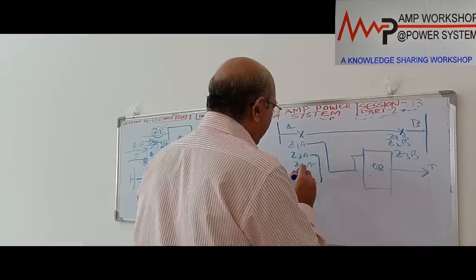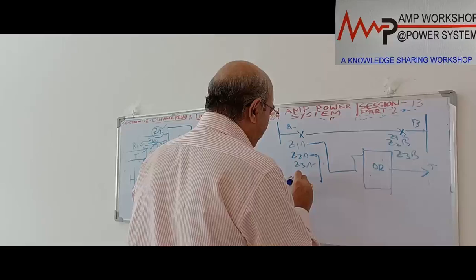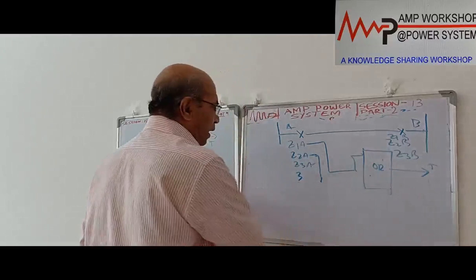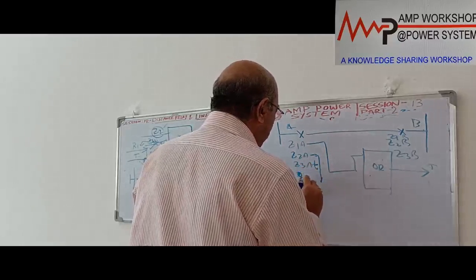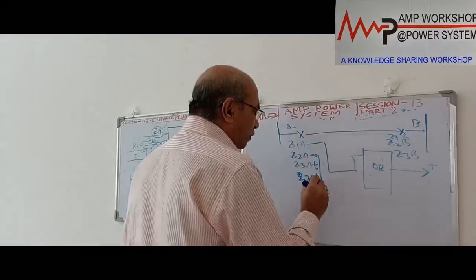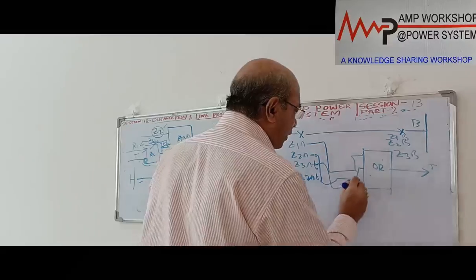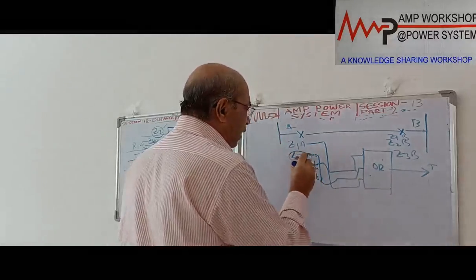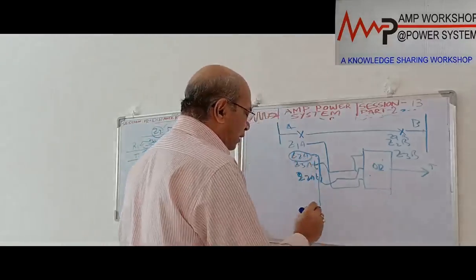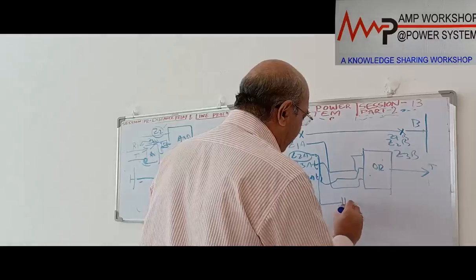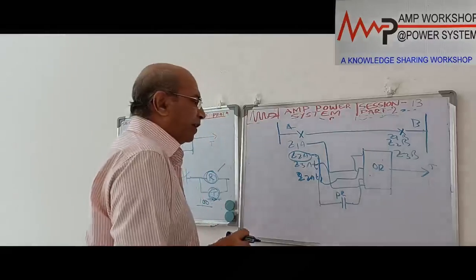Then Z2A and Z3A, you can write down Z3A T and Z2A T. So Z2T also gives the tripping command, then Z3T also gives the tripping command, and Z2A gives the tripping command on an expedited basis. How will it do that? In the permissive scheme, this will receive a permissive signal PR, then it gives the tripping command. That is the normal permissive overreach scheme.